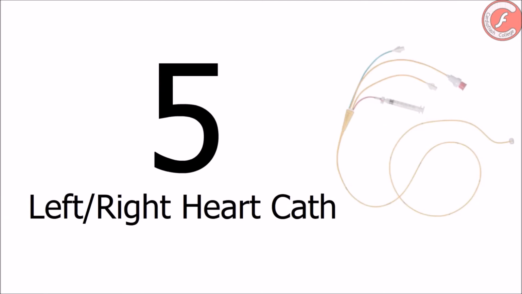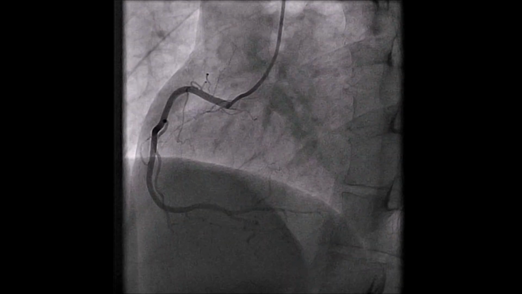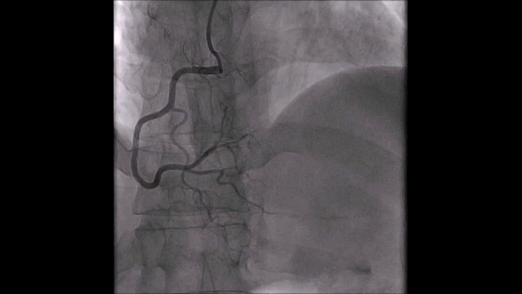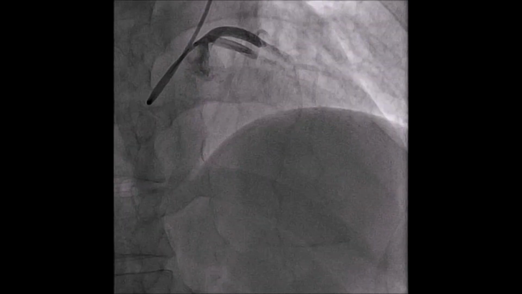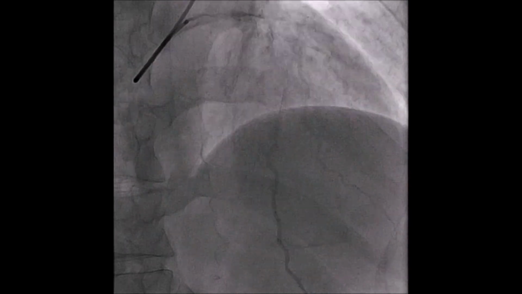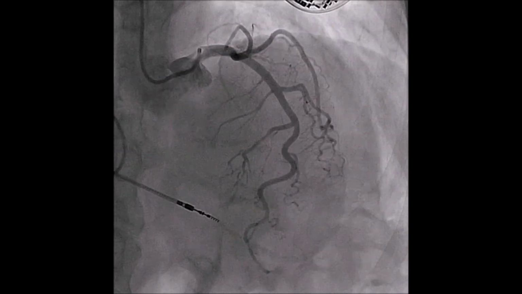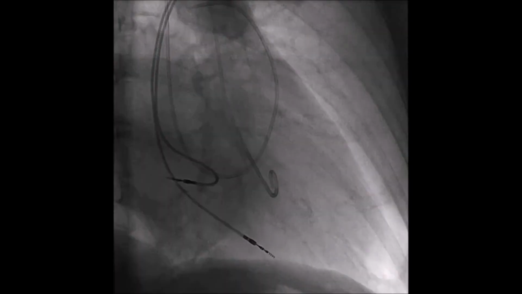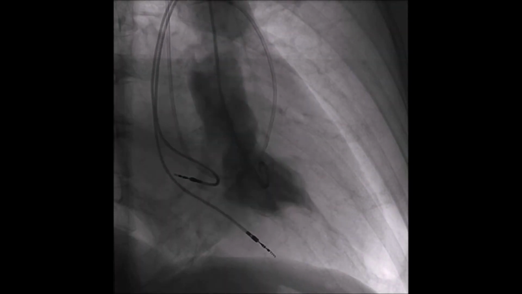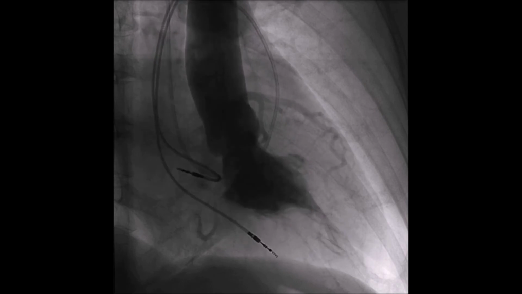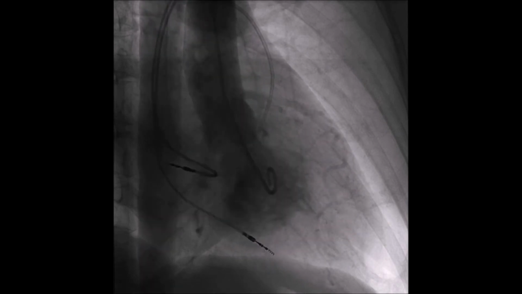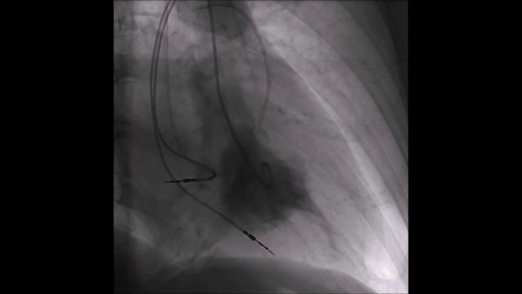Number 5. As you know, unlike CT, cardiac catheterization allows us to perform invasive coronary angiography. In this way, we can definitely rule out coronary disease. However, the usefulness of cardiac catheterization is not limited only to angiography, since catheters can help us to carry out an intracavitary hemodynamic study.